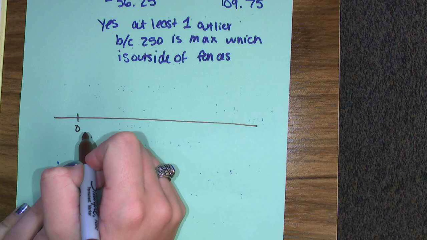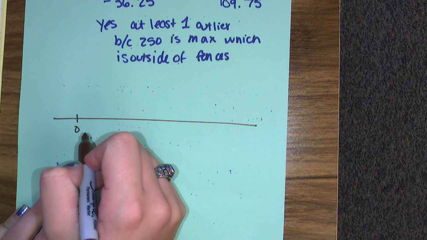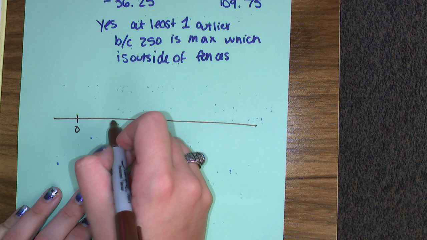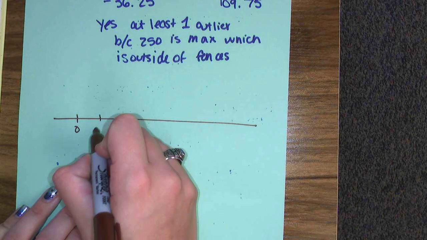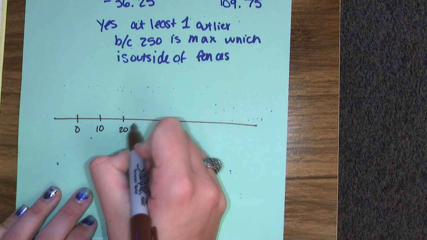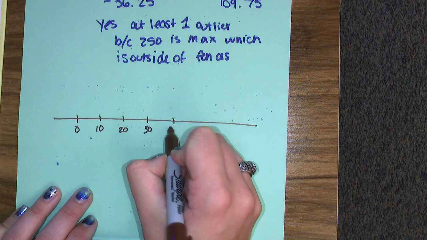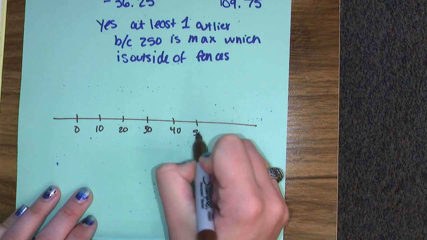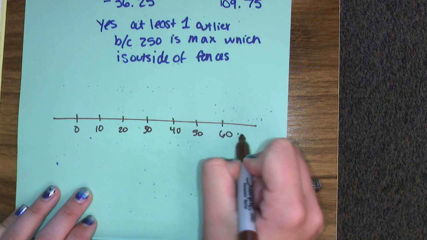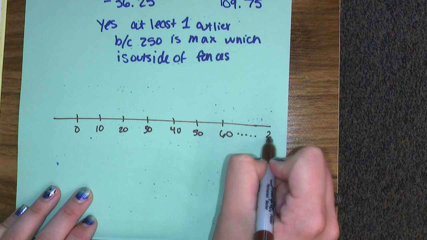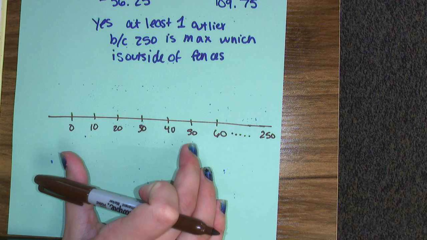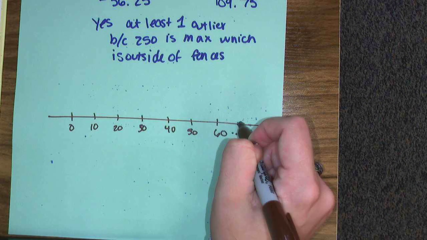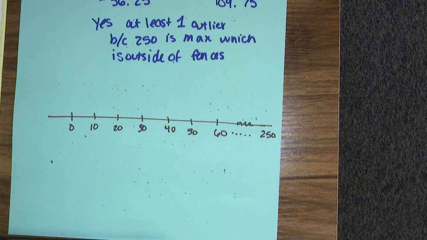And I'm going to go in increments of 10, and then I'm just going to jump over to the 250, because we have a lot going on in this small area here. So I'm just going to do a broken line and say that we're jumping to 250 from there.